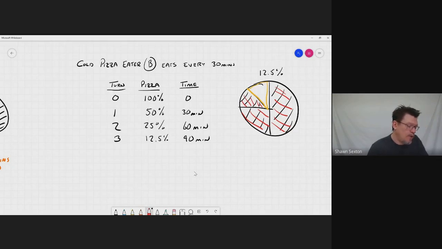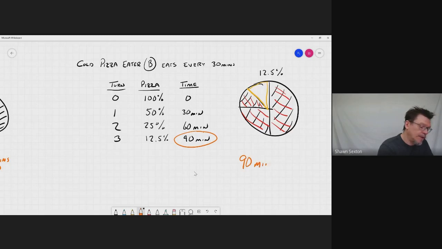We only have that one orange slice left. So what that tells us is that when we walk in and we check Pizza Eater B's box, and there's 12.5%, that means that his pizza arrived 90 minutes ago. That's when it went into the fridge. So Pizza Eater B got his pizza 90 minutes ago.